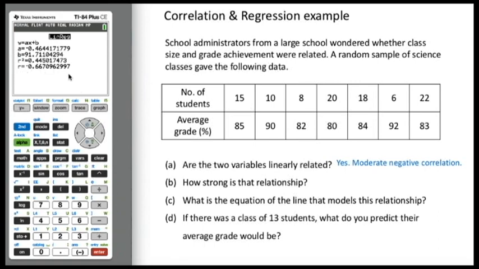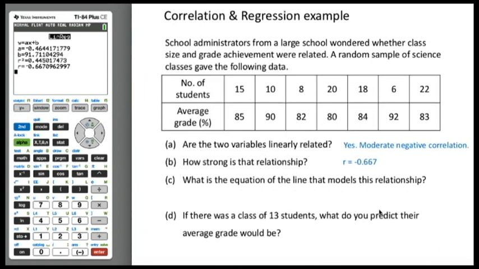This R value here tells us how strong the relationship is. Our relationship has an R value of negative 0.667. So that's moderately strong. Oh, sorry, moderate. Okay, number C, what's the equation of this line? Well, that's given to us here as well. Y equals AX plus B, where A is negative 0.464 and B is 91.7.